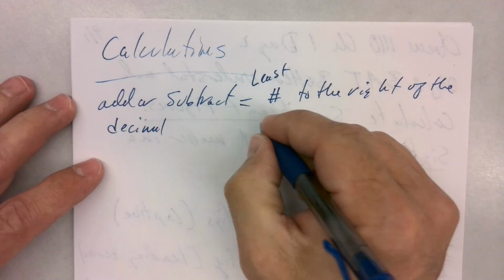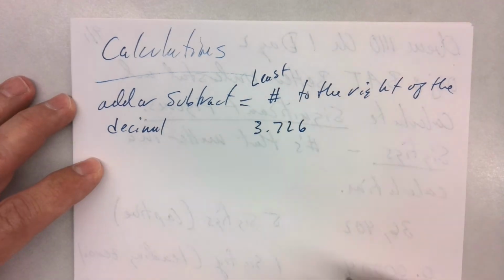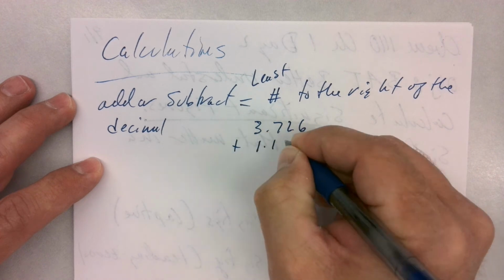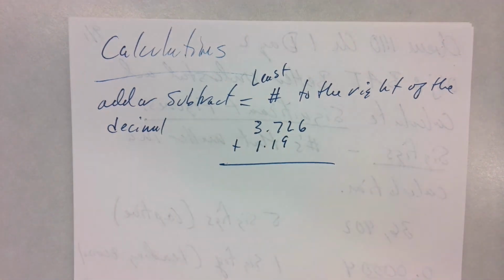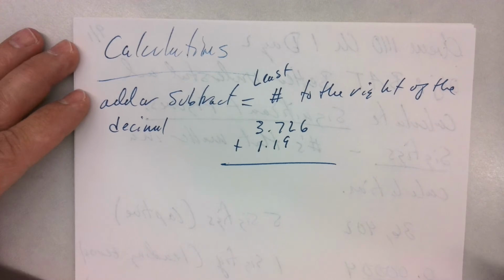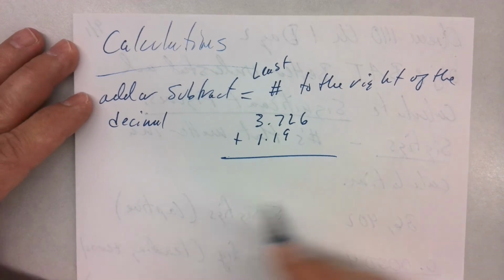So if I had 3.726 and I add that to 1.19, what am I going to get? Somebody give me the answer.